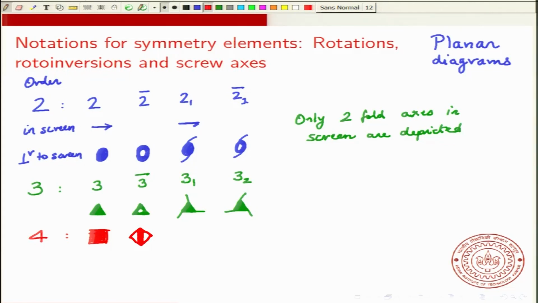And I'll just show 4 sub 1. So a 4 sub 1 would look like this. Actually, 4 sub 1 is shown like a square that is split, and 4 sub 1 is shown this way.